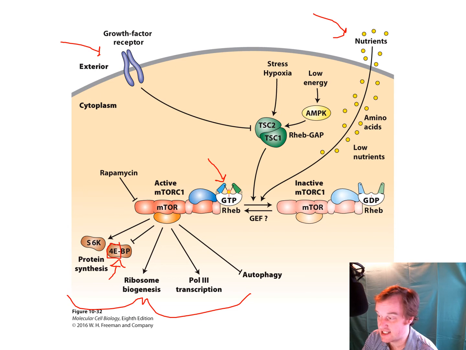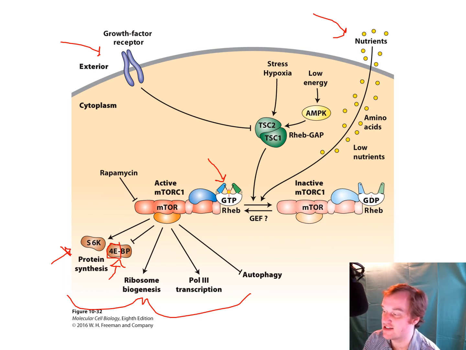And the 4E then stimulates the initiation of translation of genes. And it also activates S6 kinase. And S6 kinase phosphorylates ribosomal proteins that will stimulate the translation of mRNA then.